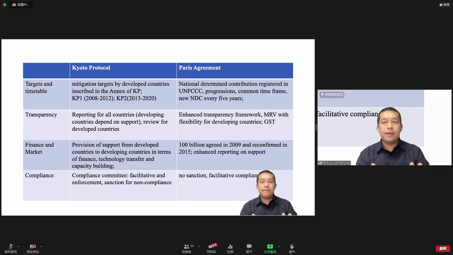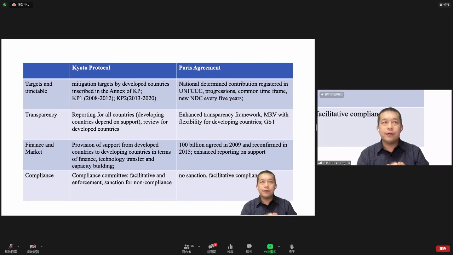So if we follow the previous approach of a top-down process to impose a target on the countries from the international negotiation, that will not make sense. The only possible approach is this bottom-up approach, asking countries to propose their targets based on their own national governance circumstances. And that is the basic reason why in the Paris Agreement, we use a different architecture.